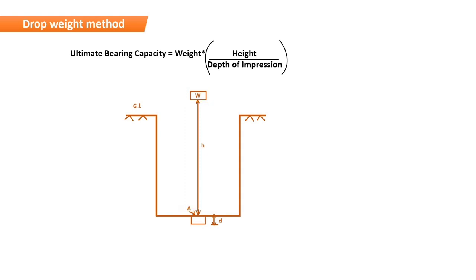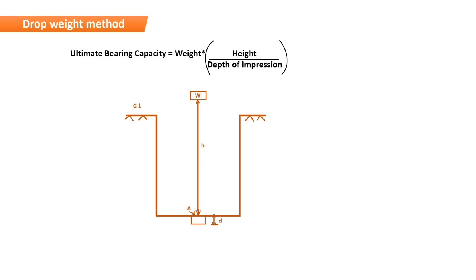And divided by the depth of impression, whatever impression we have got by the scale. Have you remembered the impression which we got from this scale? So this is the formula to find out the ultimate bearing capacity.